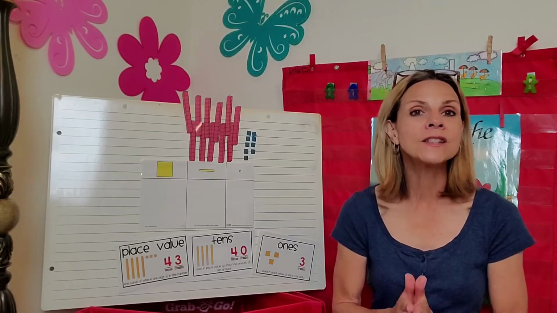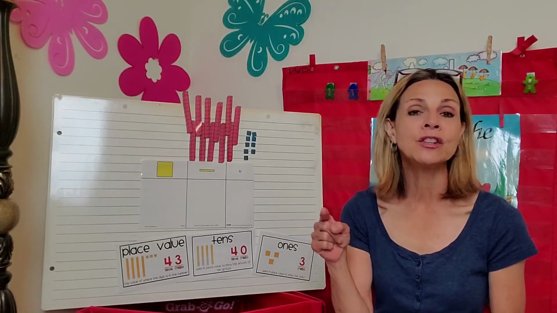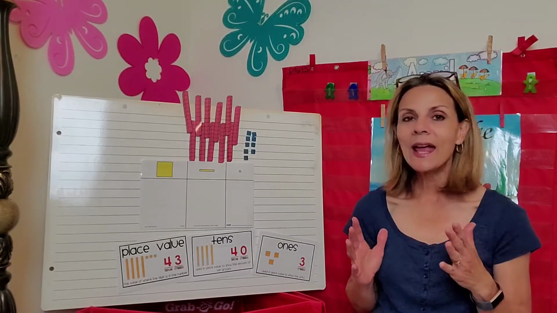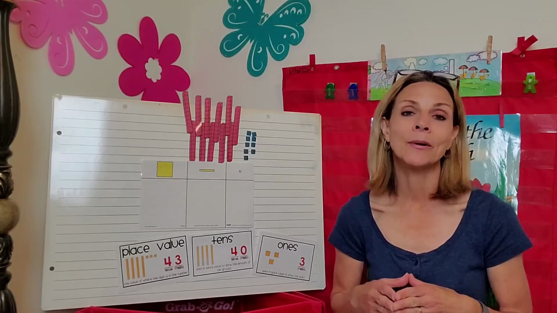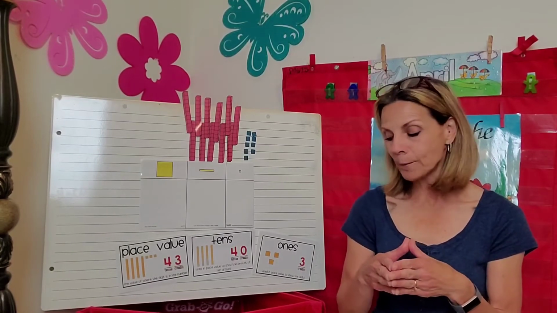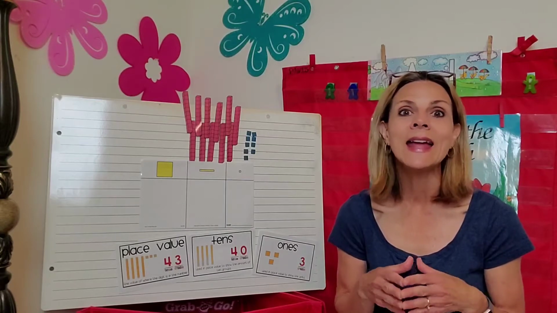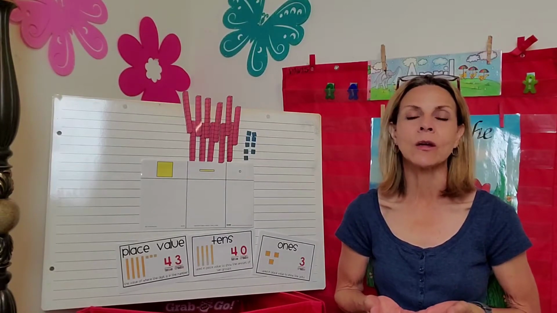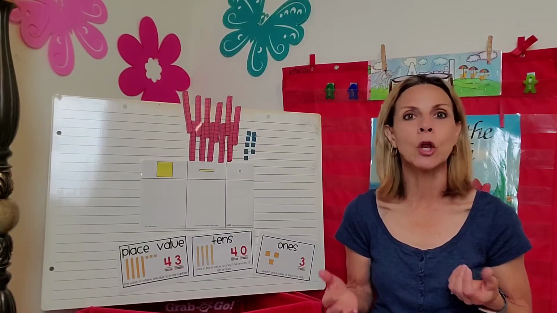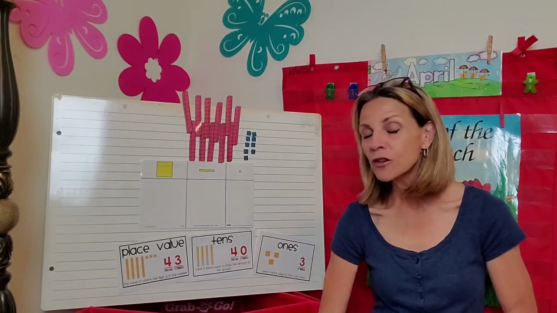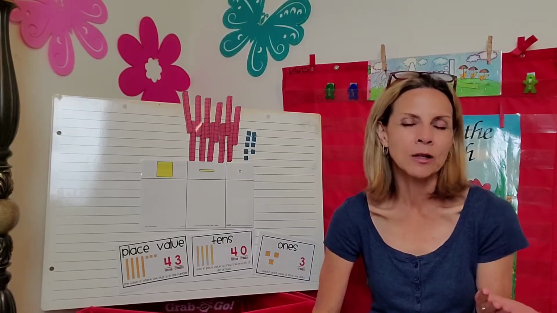Okay, the first activity that I want you to do with me to kind of warm up with place value is I'm going to show you a number. You're going to write it down, and then I'm going to ask you to underline either the tens position or the ones position, which digit is in that position. So the first one is going to be just a model for you.